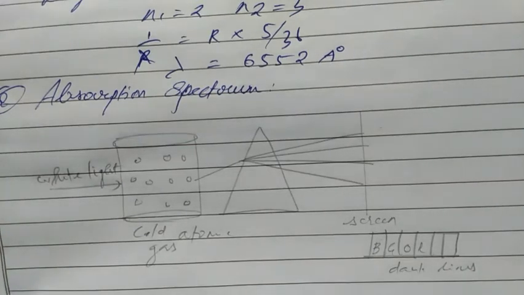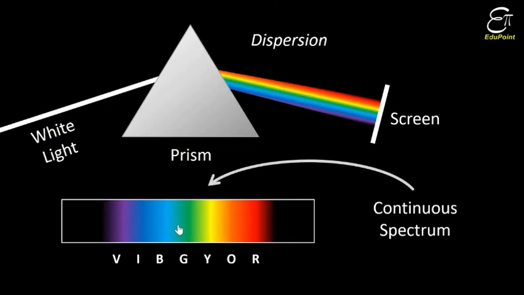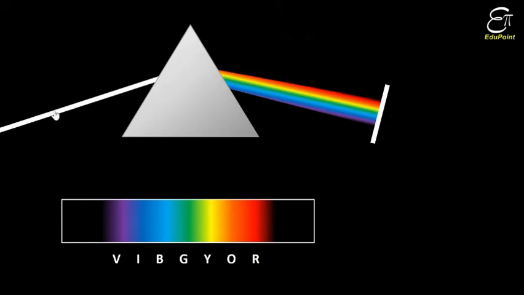I will explain with a video, then you will understand it well. Here you see, when white light passes through a prism, it disperses into 7 colors, which is the process of dispersion, which we studied in 10th standard. These 7 colors are VIBGYOR, and this spectrum is known as the continuous spectrum. We can classify it into 2 types, absorption spectrum and emission spectrum. In the absorption spectrum, we pass white light into a cold gas.